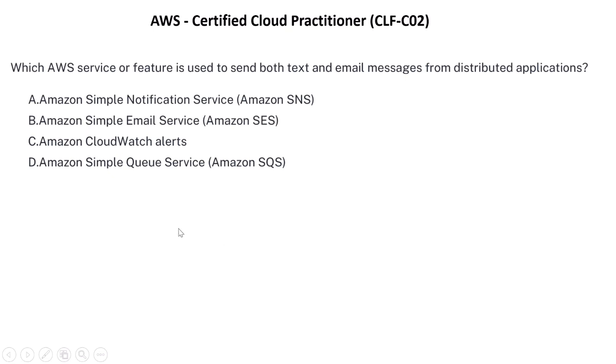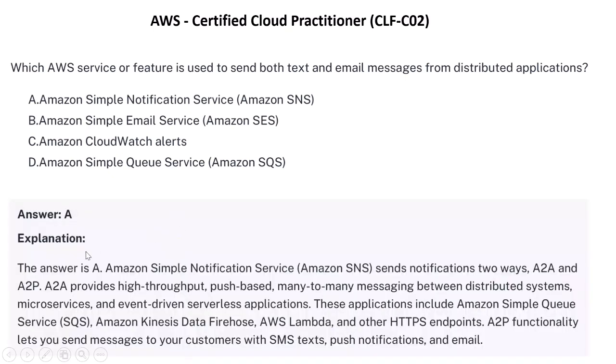The correct answer for this question is option A. Amazon Simple Notification Service sends notifications two ways, A2A and A2P. A2A provides high throughput push-based many-to-many messaging between distributed systems, microservices, and event-driven serverless applications.